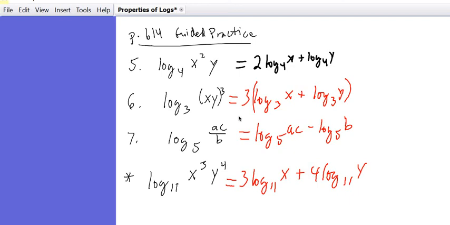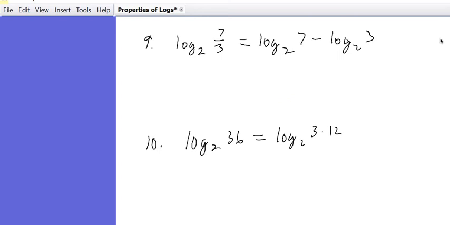All right, let's take a look at some other examples. Okay, here's another example of a logarithmic equation that is broken up, actually I've already simplified it. In your book, it tells us what these logs are equal to. And so what we've got is this.